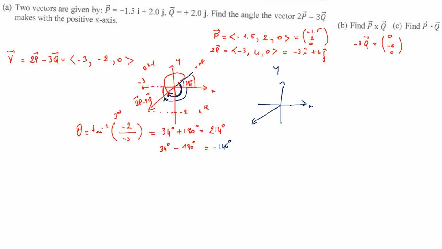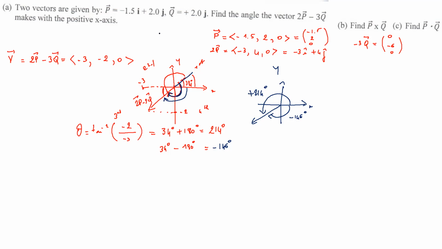Either from the positive X axis, I do this, and this angle is equal to plus 214 degrees, or from the positive X axis, I go in the negative direction, and this will give me minus 146 degrees. So you choose what you want, either 214 degrees or minus 146 degrees. So that's the difference.